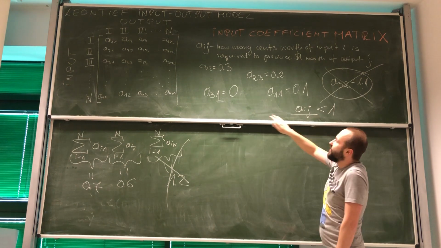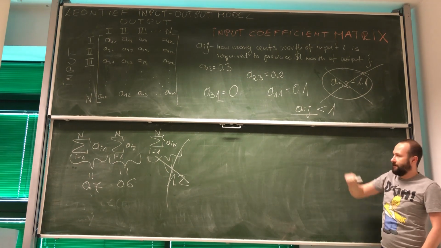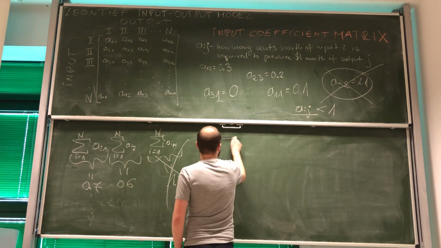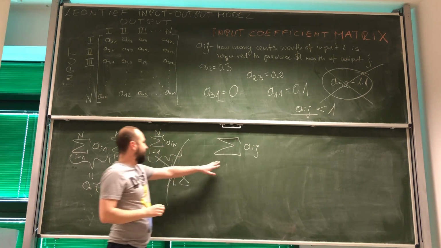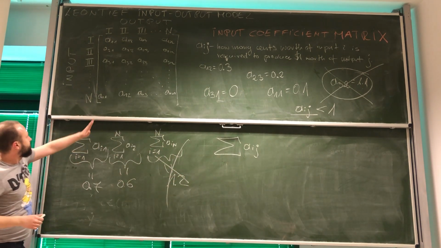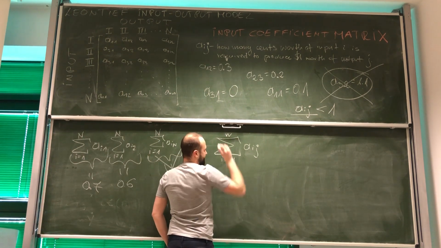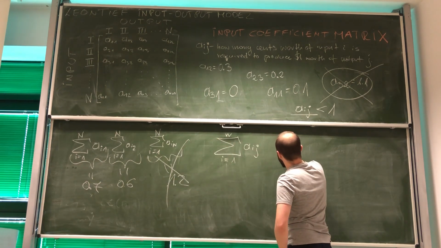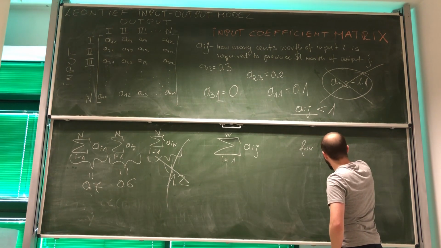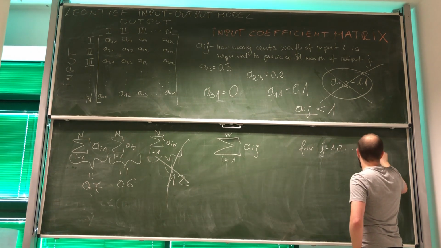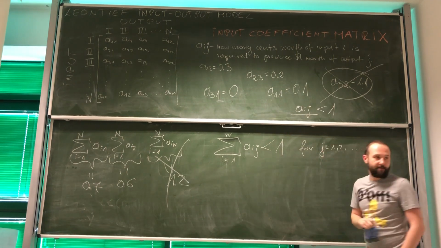Not only can no single coefficient inside the input-output matrix exceed 1, but actually the sum of the coefficients over any column, for j equal to 1, 2, right until n, must be smaller than 1.